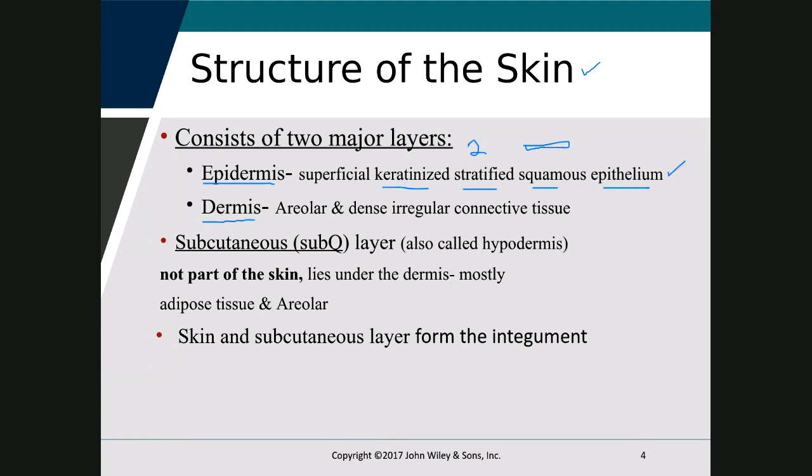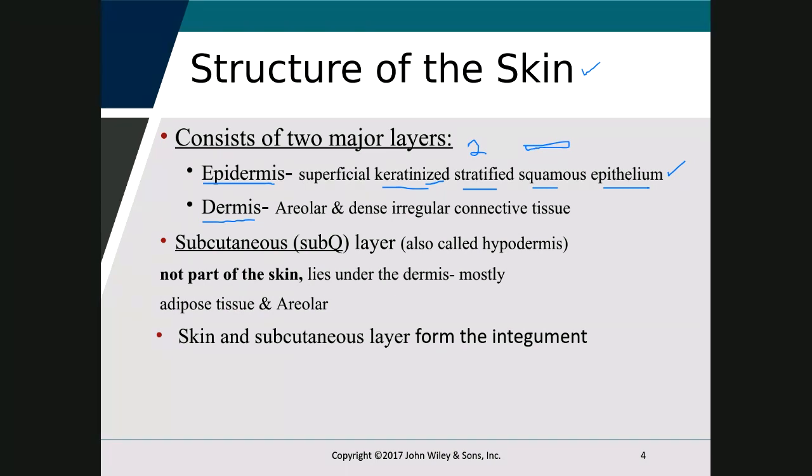The difference between the stratified squamous epithelium on the external skin or the stratified squamous epithelium, for example, on the inside of our mouth, is this protein keratin. So the skin is keratinized, where inside the mouth does not have the protein keratin. Below this, we have the dermis.